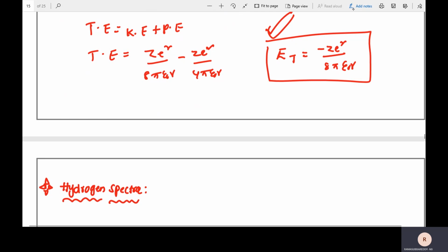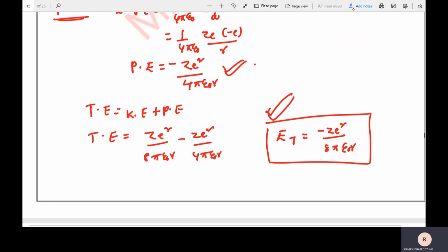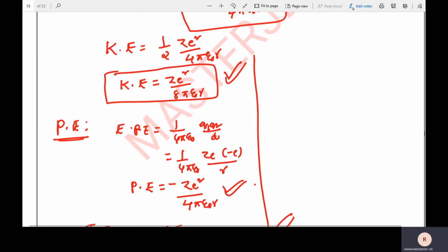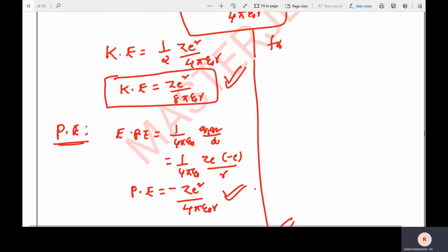Now if it is for the nth orbit, how to find it? For the nth orbit, our total energy is equal to minus Ze square by 8 pi epsilon naught rn.